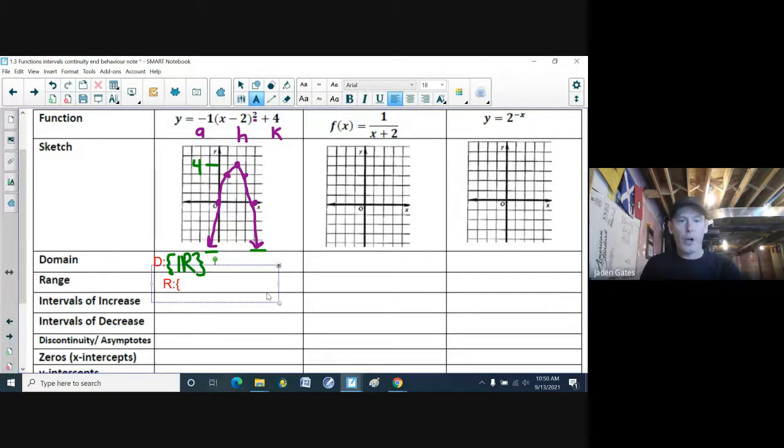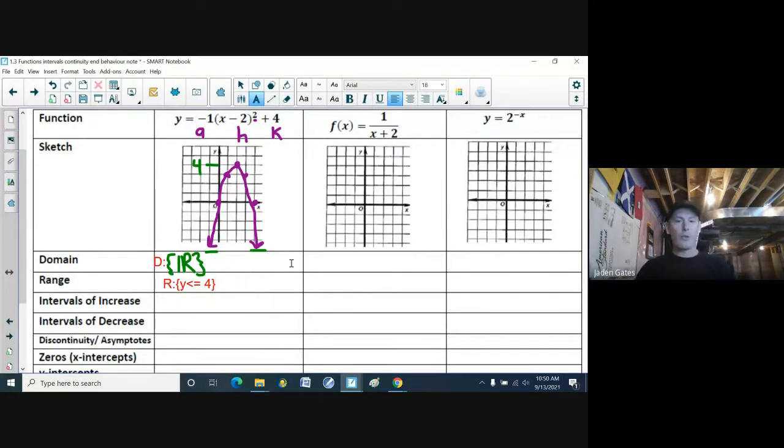So it starts at 4. That's as high as it goes, and then it goes down to -infinity. So what I'm going to say here is that the range is y is less than or equal to 4. I'm going to use what some of you used in the chat.